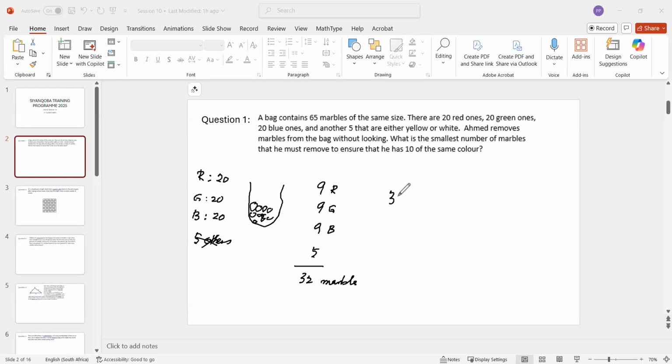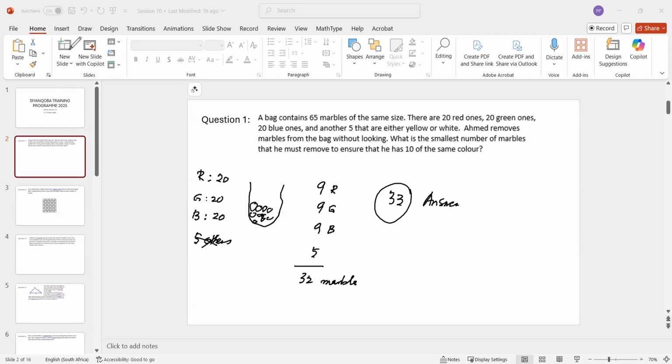On the 33rd one, that's the first time you can be assured that he will have 10 of the same color. And 33 is the answer. The moment he takes one more, you will have 10 of the same color. So that is the answer to this problem. That's the smallest amount that you can take to ensure. You see, you must make sure that he has the same color.